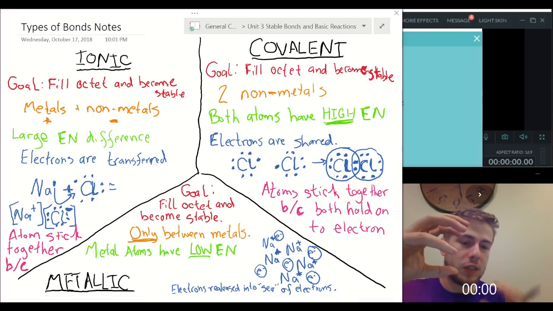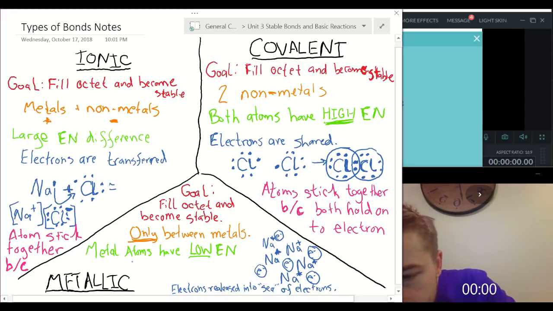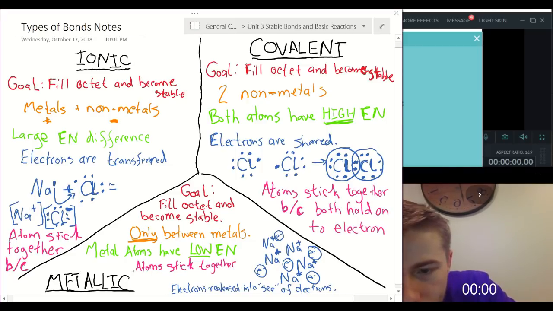The negative electrons and the positive cations attract each other slightly, so they stick together. So we'll say atoms stick together, or bond in metallic bonding, because opposites attract.